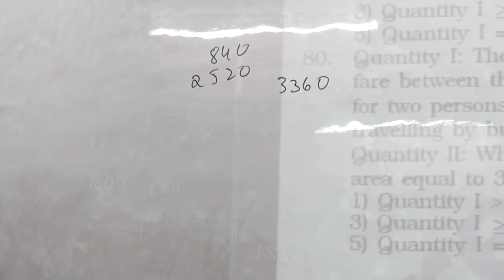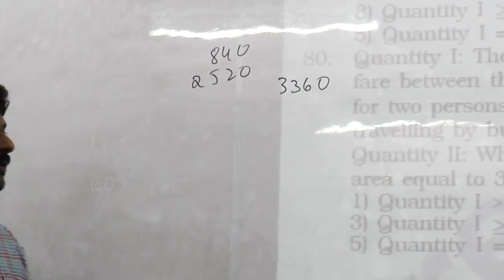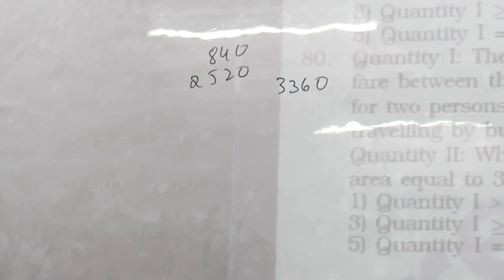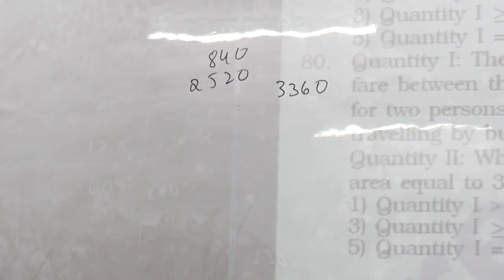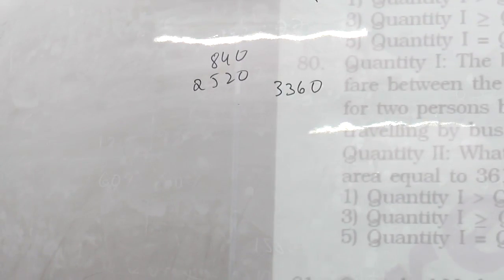3360, quantity 1. Next, what would be the cost of building a fence around a square plot? Square plot, fencing. Which one should you concentrate on? Area, perimeter. Perimeter. If it is pavement or ploughing the field, then area comes into the picture.